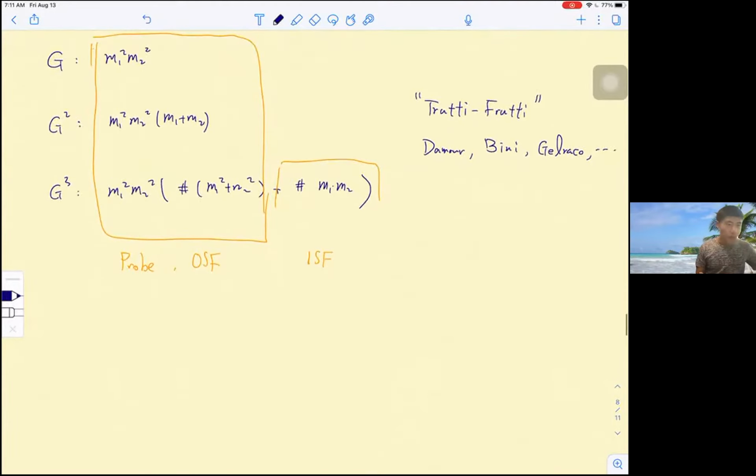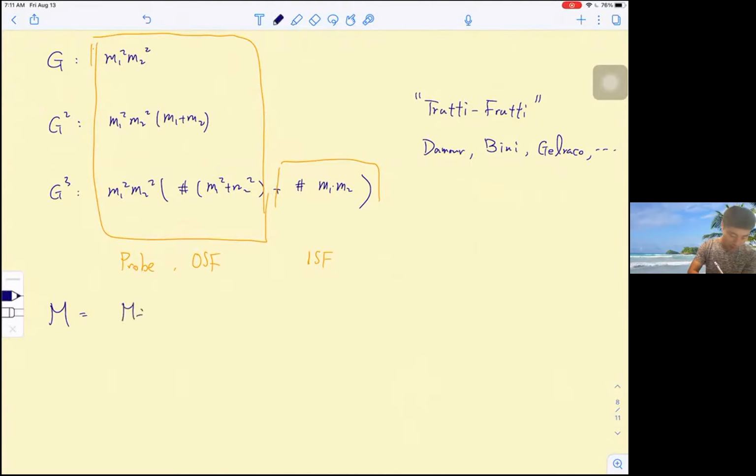And one more feature is that the amplitude actually gives you a very clean approach to this mass ratio. We just saw that the amplitude, we know the classical part is given by this mass ratio behavior.